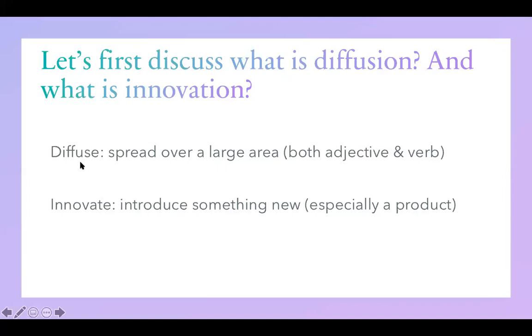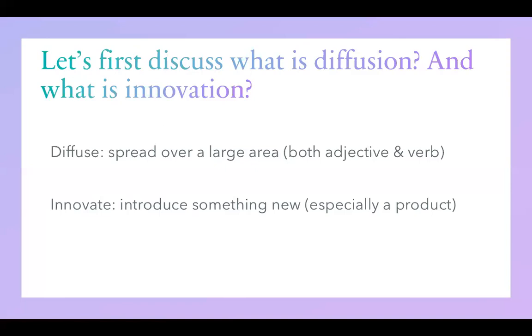So diffusion, I began my lecture with this explanation that we need to think about the word diffuse. The word diffusion actually comes from the word diffuse, and its meaning is to spread over a large area. An innovation is something new, especially a product. In today's contemporary context, an innovation can be anything related to technology, a new gadget, a new device, a new version of a smartphone, a new sort of computer.